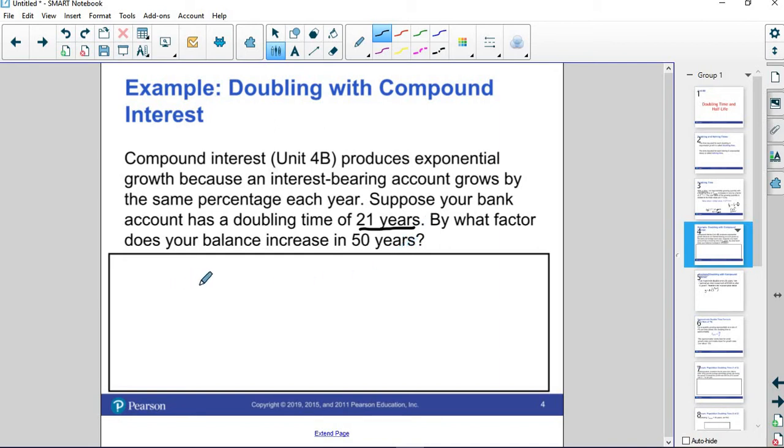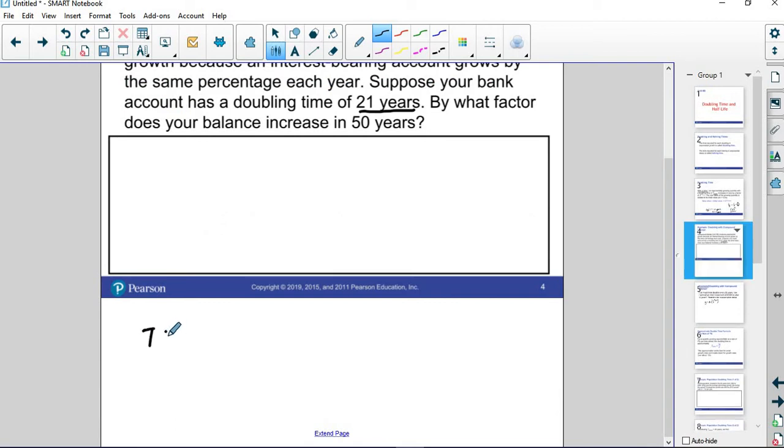So the idea here is that we are going to take big T, which is what? Big T is 21 years. That's how long it takes to double. And the time that we're interested in is 50 years. So we're going to take 2 and we're going to raise that to the 50 divided by 21.